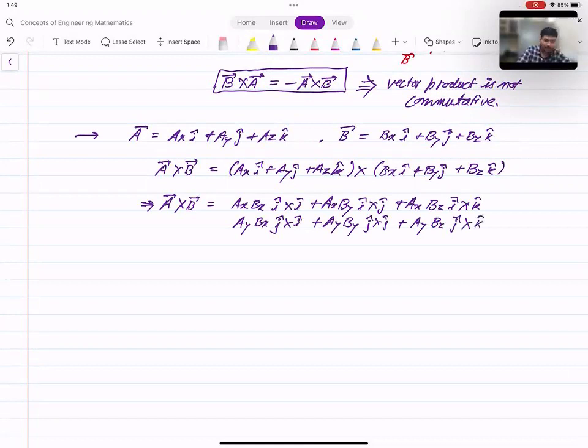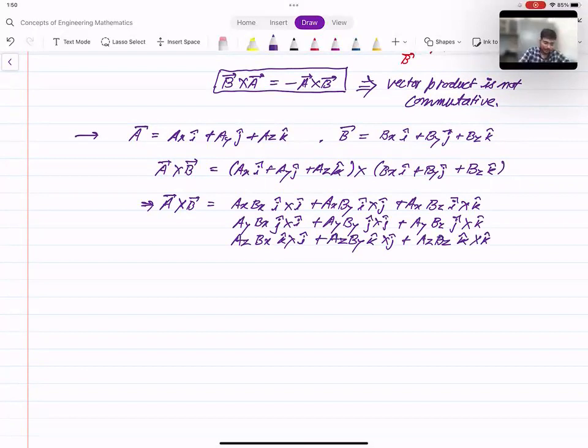Now we will have az bx k cross i plus az by k cross j, and then az bz k cross k.